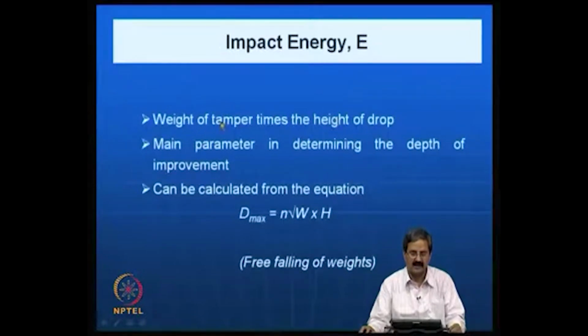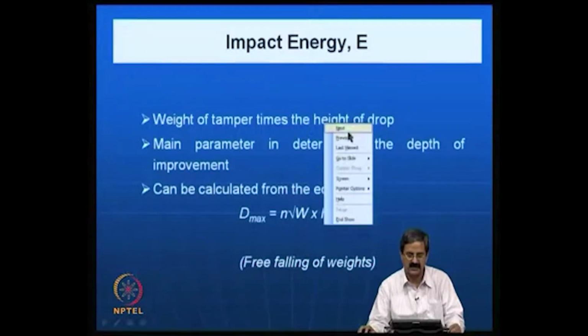And as I just mentioned, weight of the tamper times the height of drop is energy, and the main parameter in determining the depth of improvement is from this expression, which is from the free fall of the tamper, and it is D max equal to n into square root of W into H. This is an expression.